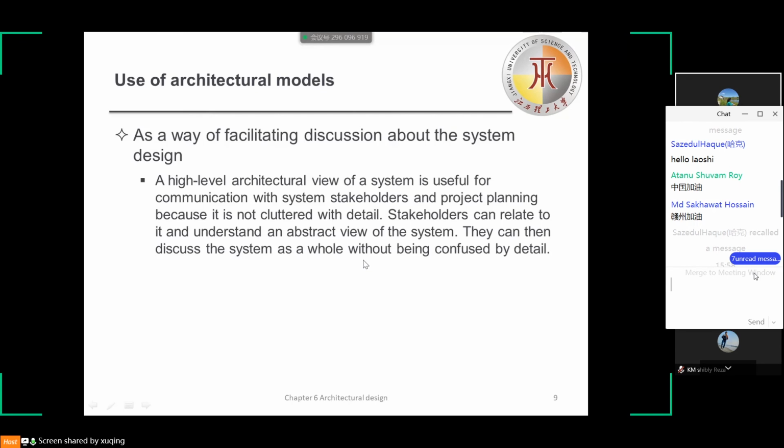The first one is as a way of facilitating discussion about the system design. As said here, a high-level architectural view of a system is useful for communication with system stakeholders and project planning because it is not cluttered with detail. Stakeholders can relate to it and understand an abstract view of the system. They can then discuss the system as a whole without being confused by detail.